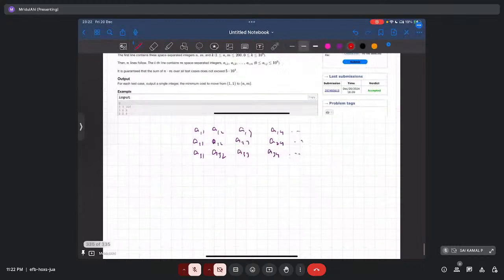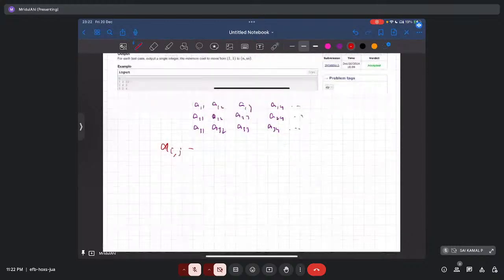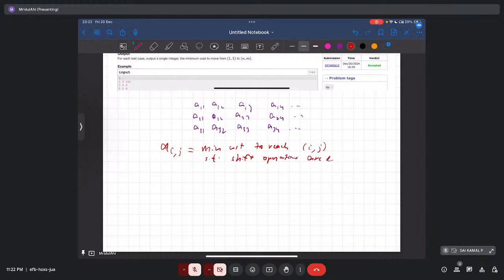We can let d of i, j equal to the min cost to reach cell i, j such that shift operations are done only on rows less than or equal to i. That means we can do the operation on the remaining rows after this.